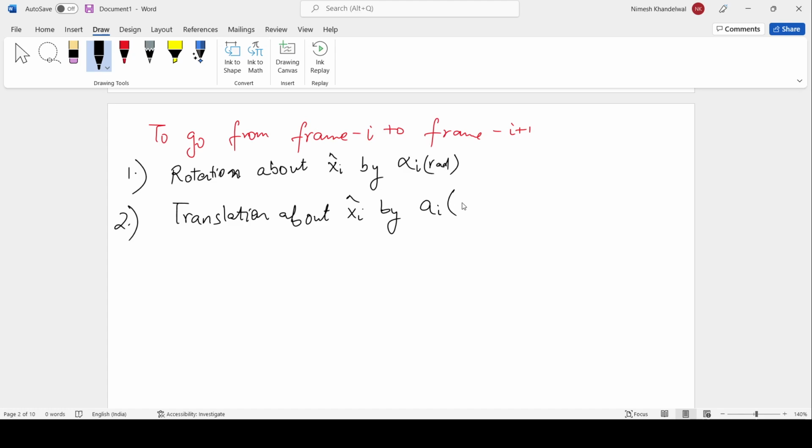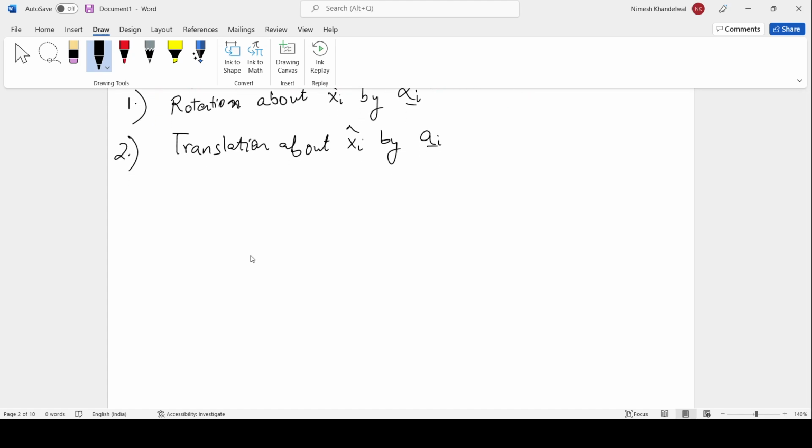This can be in any units that we want. We'll say that this is in meters, but let us not keep the units here. It is just a rotation by some angle alpha, and then a translation by some distance ai.